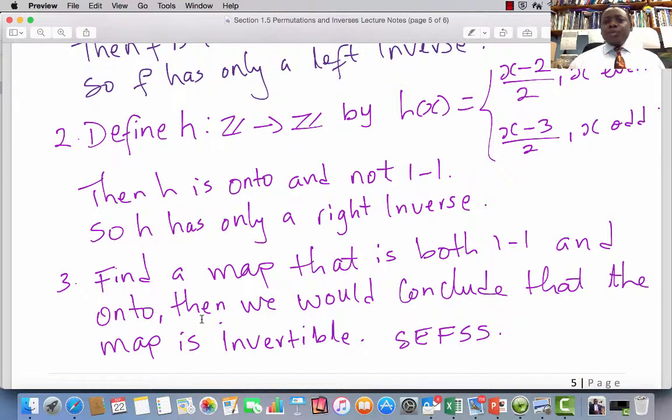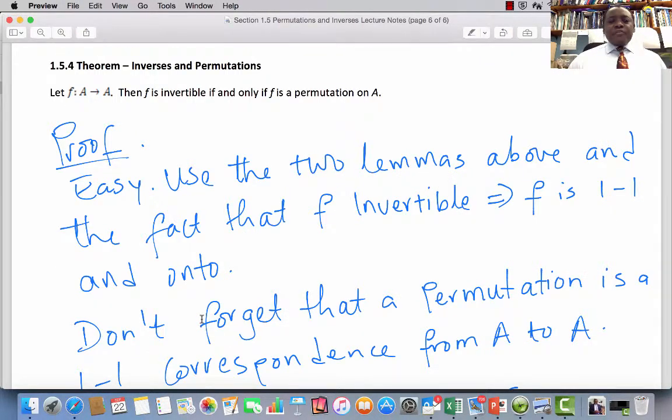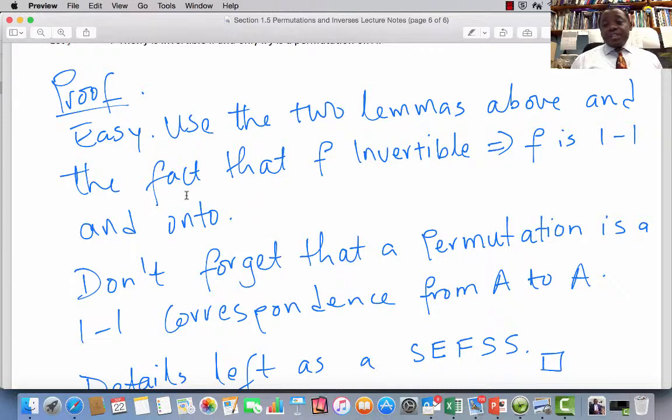But I am not going to leave you without stating the main theorem in this section. 1.5.4 Theorem, Inverses and Permutations. If f is a mapping from A to A, then believe it or not, f is invertible if and only if f is a permutation on A. It's actually easy.